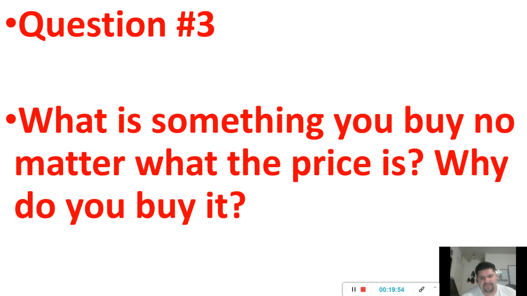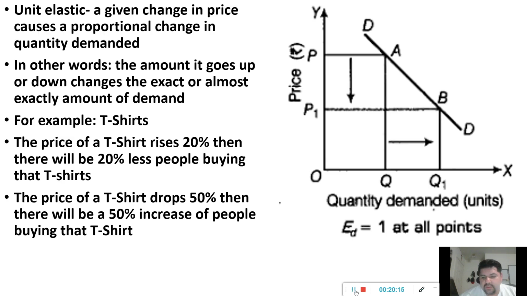No, because you don't have the money for a Ferrari. We're not talking about in the future, when you have millions of dollars. We're talking about right now. What is something you will buy no matter what the price is? Okay, so pause the video, write your responses, but we're moving on in 3, 2, 1.